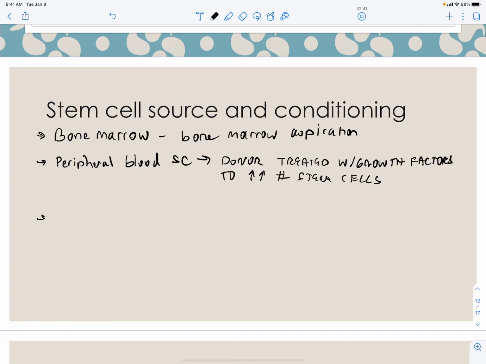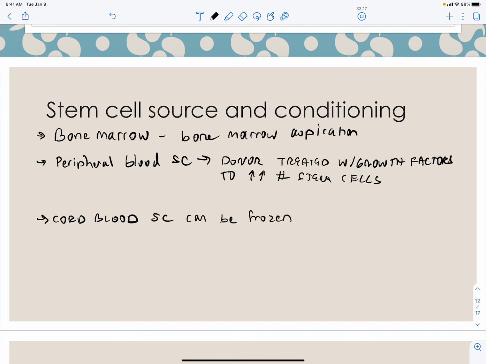There's also cord blood, and this contains a large number of stem cells that can be frozen. So you can now collect cord blood from a fetus, a baby, and then store it in case the baby has something that they need a transplant for later in life. And so you can have banks of cord blood cells.